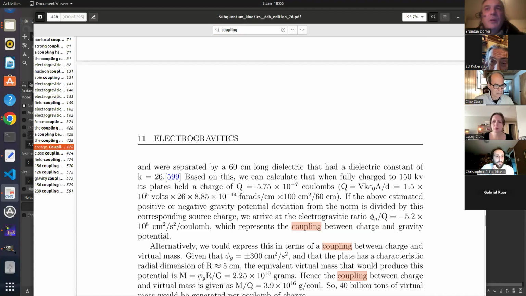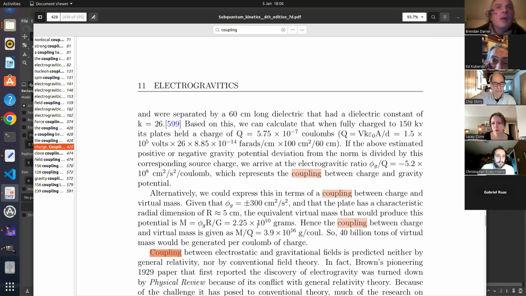In classical physics that would be joules per kilogram over charge. So phi G over Q, gravitational potential over charge, equals minus 5.2 times 10 to the 8 centimeters squared per second squared per coulomb, which represents the coupling between charge and gravity potential. Wow. Thank you, Paul.